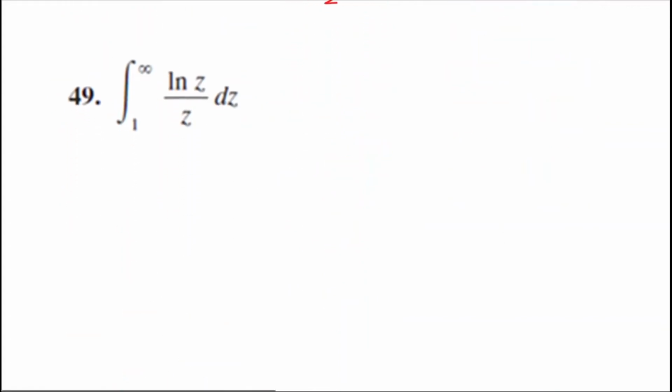Now for this one, what we want to do is this. What do we want to compare this to? The integral from 1 to infinity of ln z over z dz. And of course, we want to compare it with the integral from 1 to infinity of 1 over z. That makes sense to you?